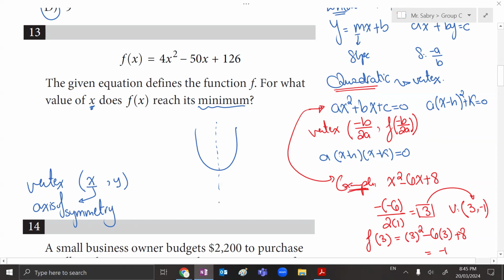This dotted line is the axis of symmetry, while the y represents either the maximum or the minimum value of the function.